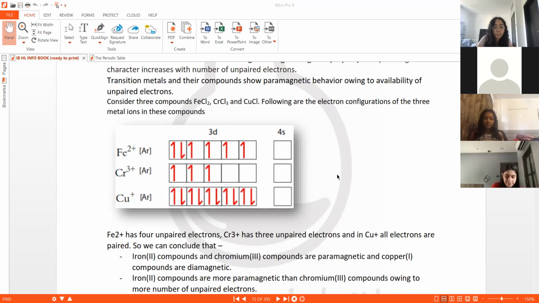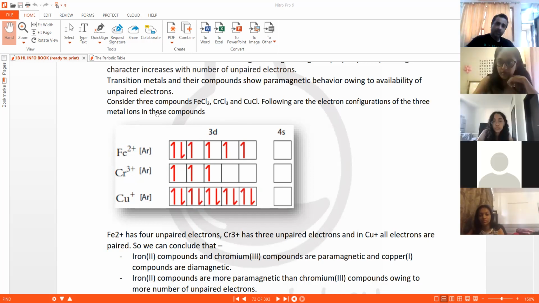Student: If the magnetic fields cancel out each other, then why does it still get repelled by another magnetic object? The repulsion shows that it is not magnetic. Attraction shows that it is magnetic. Student: But nothing should happen ideally, right?